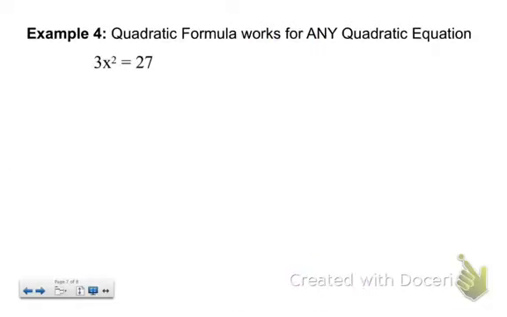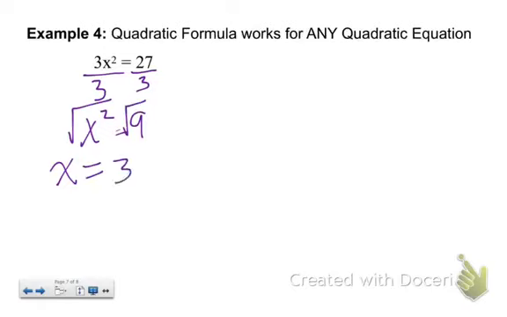Okay, so here's another example where we would normally want to take a square root. Remember, to get x squared by itself, we could divide by 3 on both sides. Get x squared equals 9, take the square root, and x equals 3 and negative 3. Okay, but what I want you to see, the quadratic formula will still work. So 3x squared minus 27 equals 0.